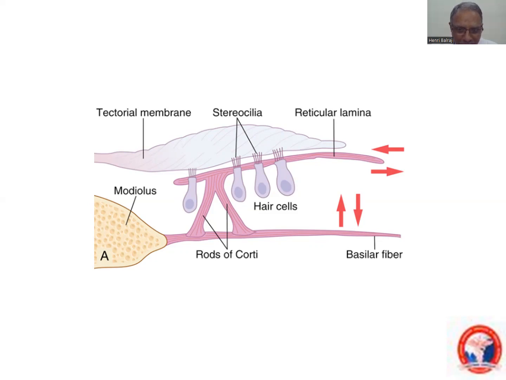So there's a calcium influx, which causes fusion exocytosis of the neurotransmitter-containing vesicles.